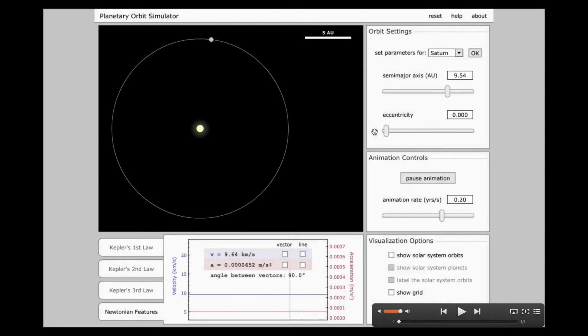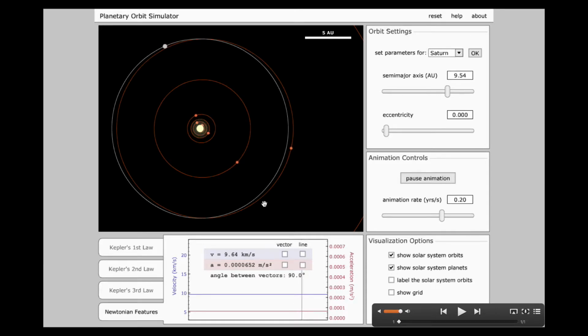All right, so when you look at the simulator, you can look at the motions of all the planets that were known in Newton's time. We could show all the solar system orbits and the planets. And when you look at this, you can see that Saturn here is really lumbering around the sun. Jupiter, not so much. And the innermost planets are definitely going faster.